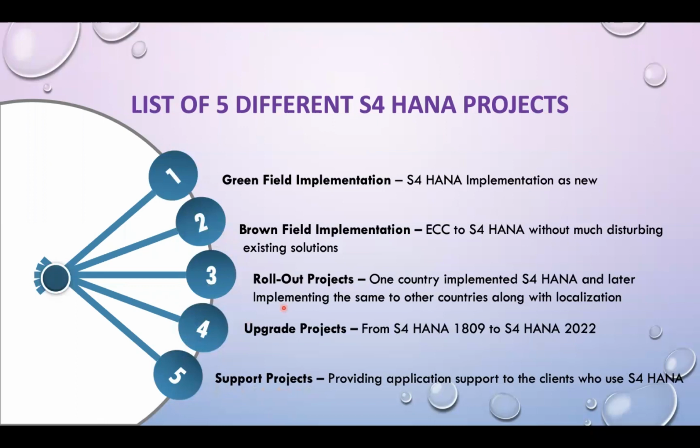These are the 5 kinds of projects which you can work on when you go for any S4 HANA project in coming days. Okay, so there are 6, 7 small things as well. Like I mentioned, in support they got some 10 requirements, and the management can decide, okay, let's do these 10 developments as one mini project, and for that mini project they can hire you.